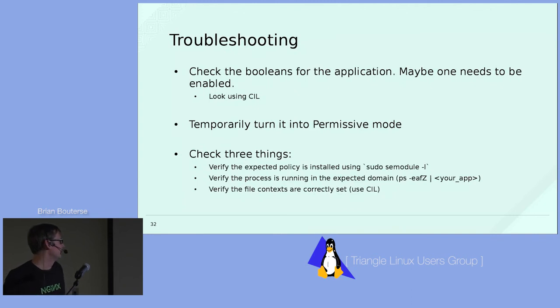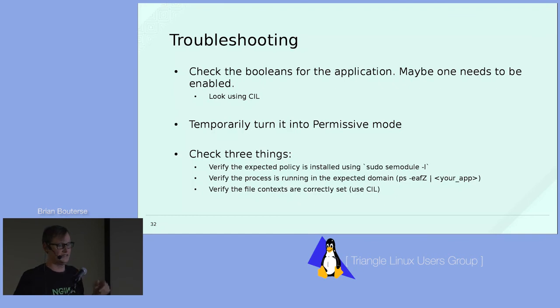Okay, troubleshooting. Check the Booleans. That's the first thing I would probably do. Maybe one needs to be enabled to allow your use case to work. Maybe it's a perfectly normal thing that you're doing, but you just need to enable the Boolean. If you take the module and convert it to CIL, you can actually see the Booleans listed.